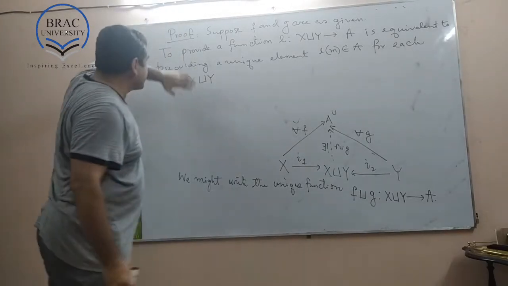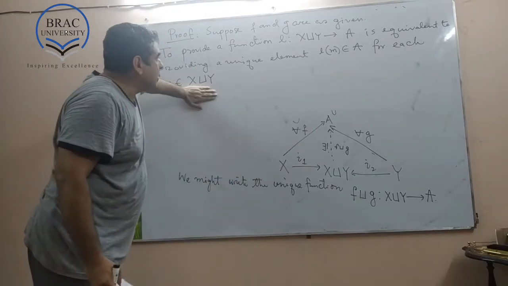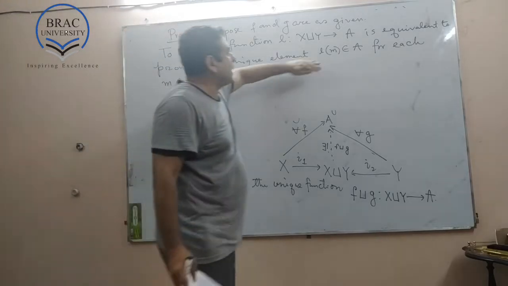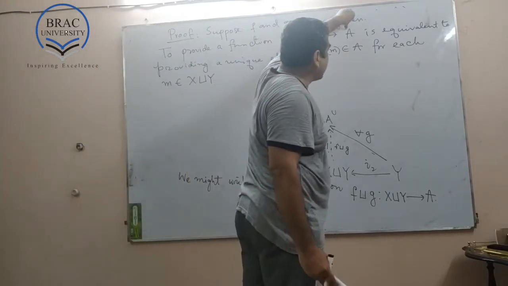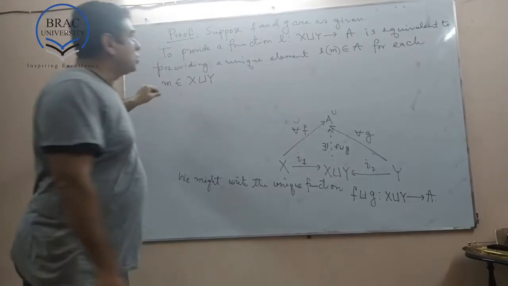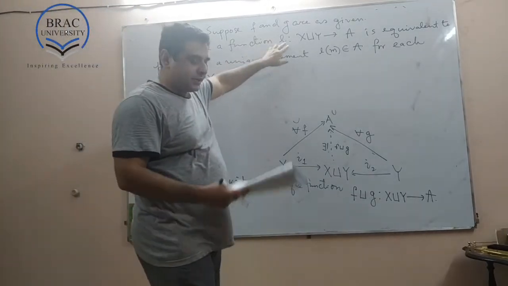So for each m here, we need a unique element Lm in A, and then this L will be well defined.